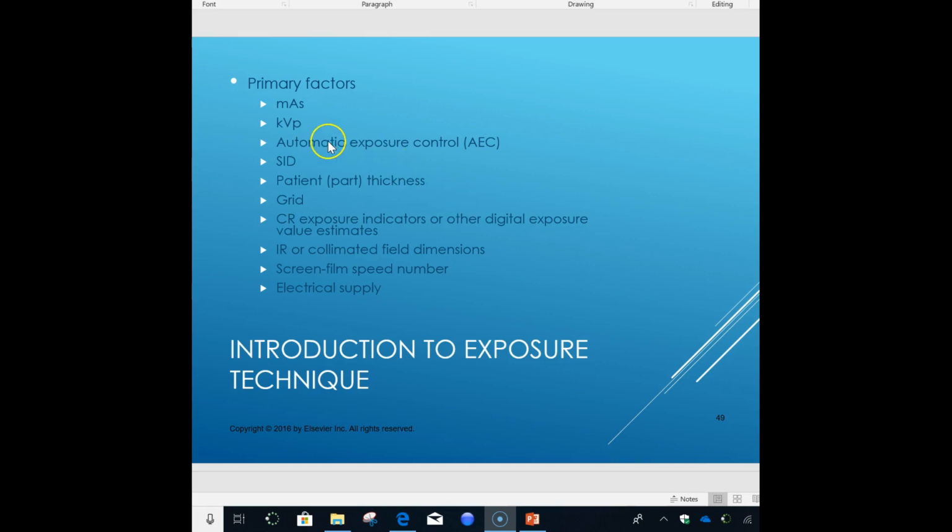Let me touch upon automatic exposure control, also known as photo time. They call it AEC, and it's also called photo time. You'll hear those terms interchanged.